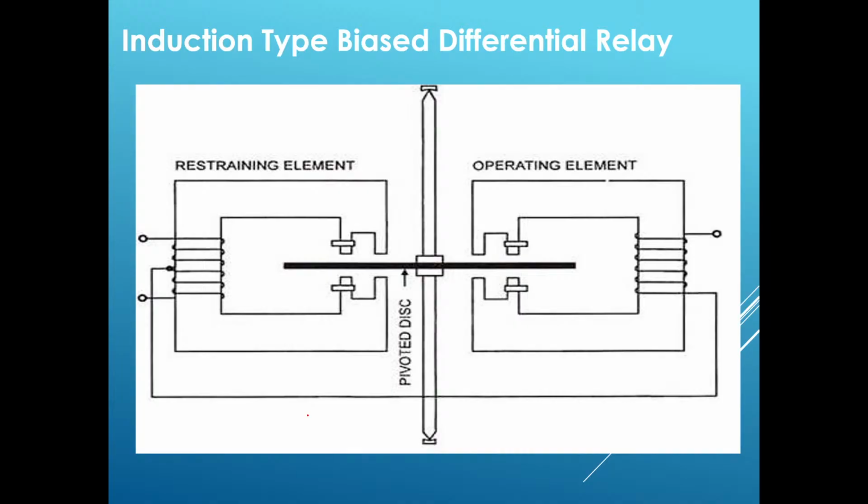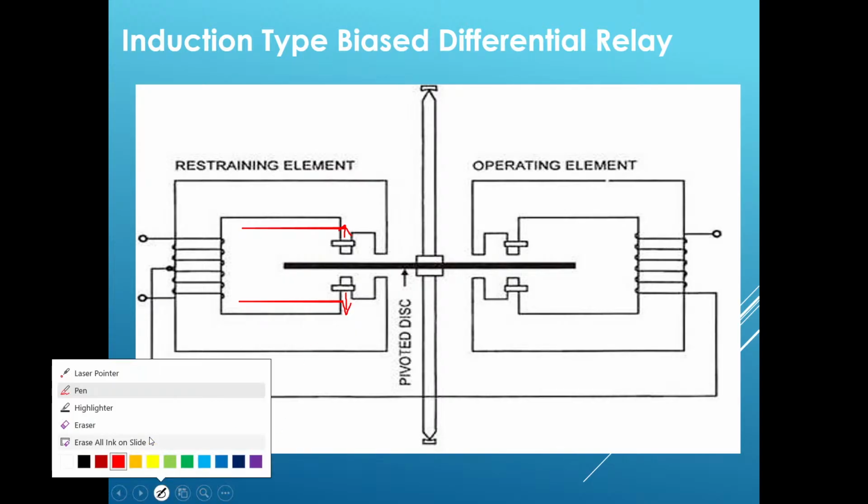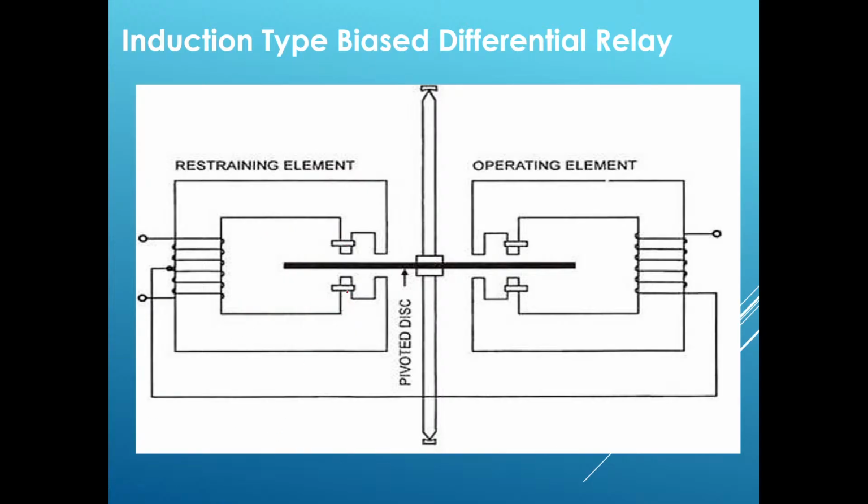Now if a fault occurs, under normal operating condition they are moved inside the iron core. If a fault occurs, even though the shaded rings of the restraining element are moved towards the iron core, the fault current is very severe.